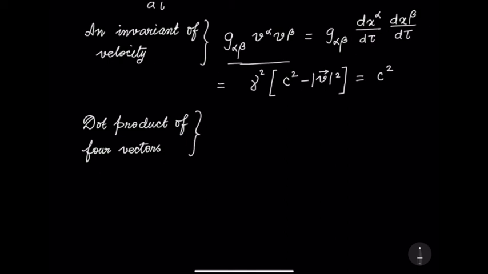What is a dot product of two vectors? If I have two vectors A and B, their dot product is defined in this way. And again, I write definition here. If you ask me why, I will say it is a definition.